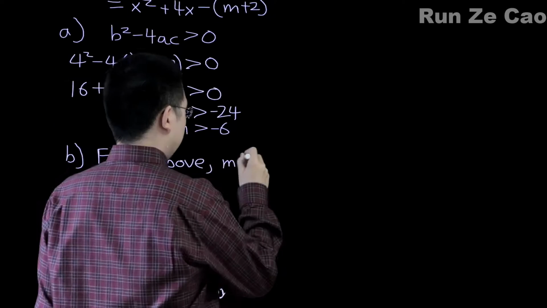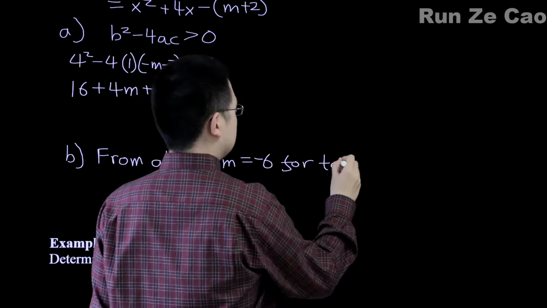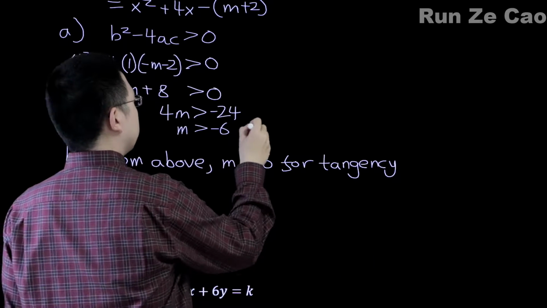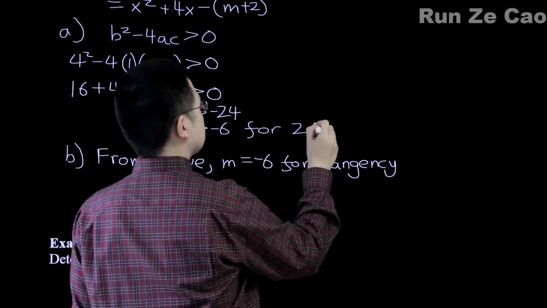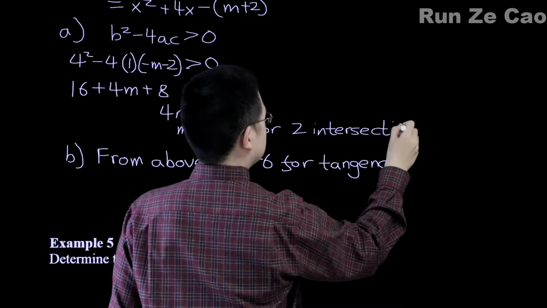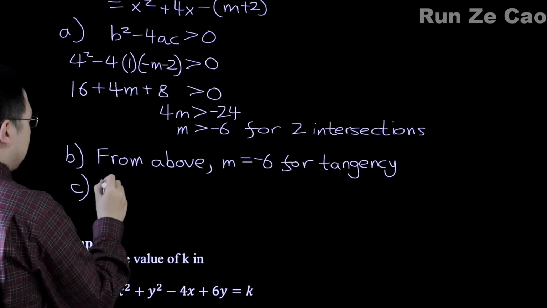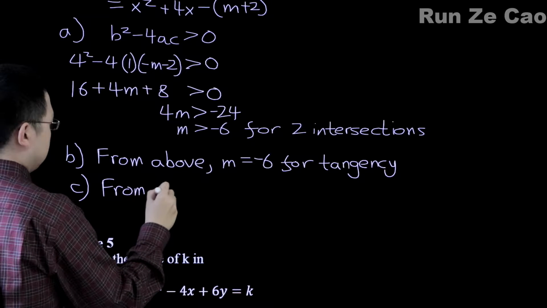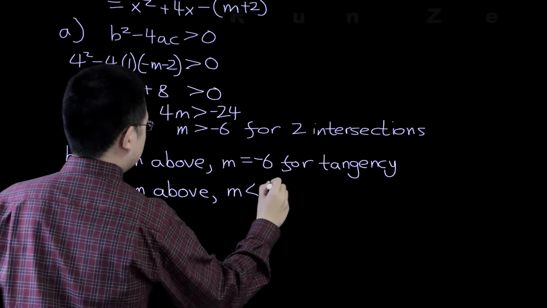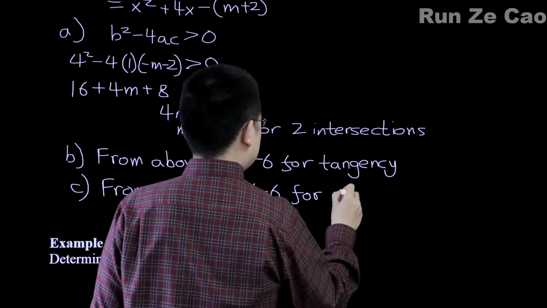From above, m equals negative 6 for tangency. For 2 intersections. Now for C, we have from above m is smaller than negative 6 for no intersections.